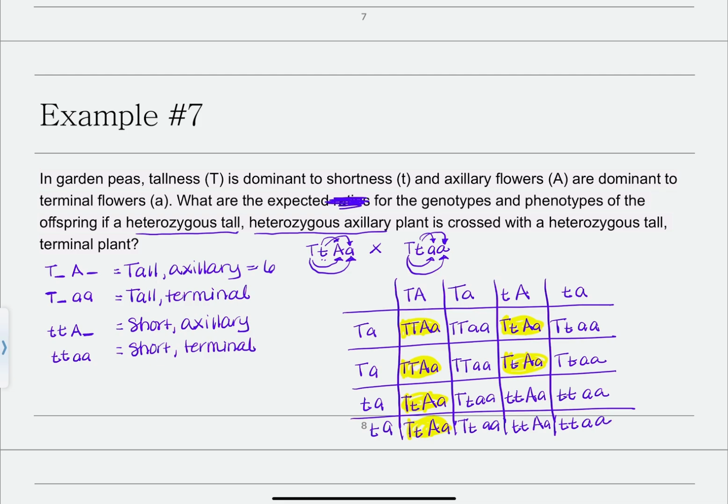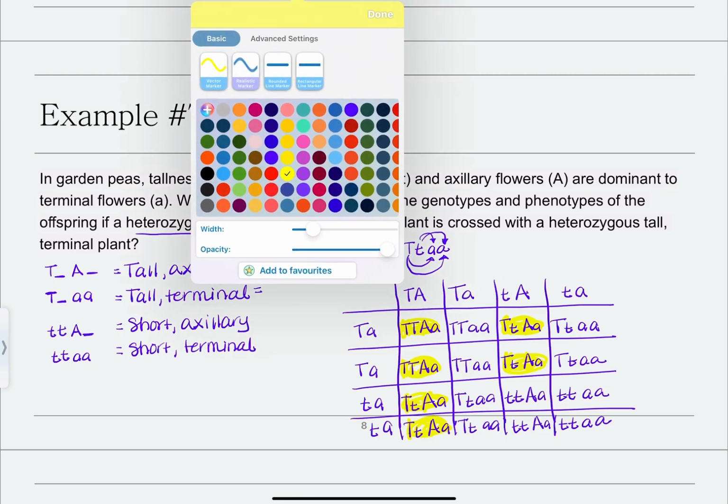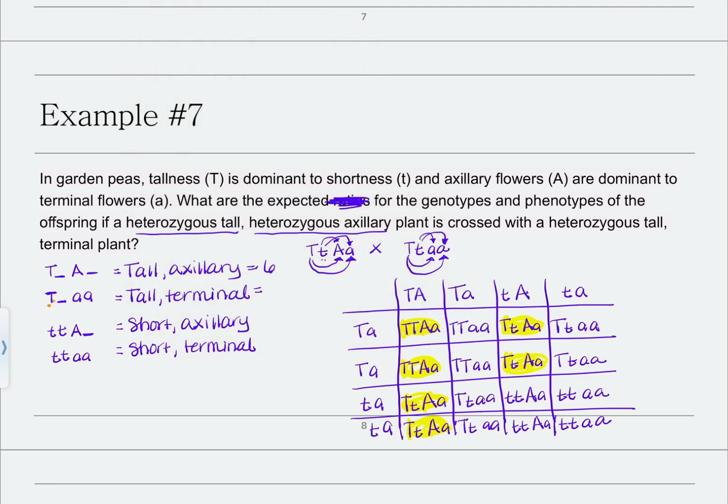Sorry. So now look for tall and terminal. For tall and terminal, we are looking for at least one dominant allele combined with 2 recessive alleles for the flower. So this has a dominant allele and 2 recessives, so this is going to be tall and terminal.